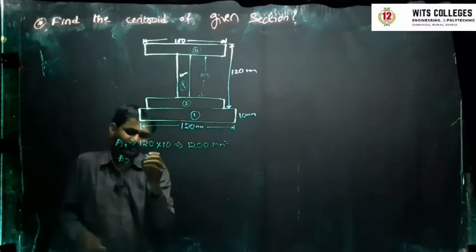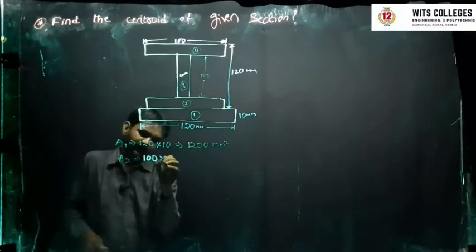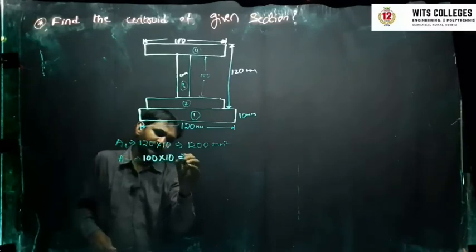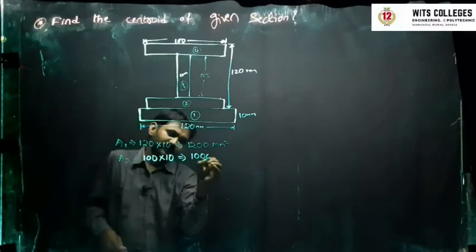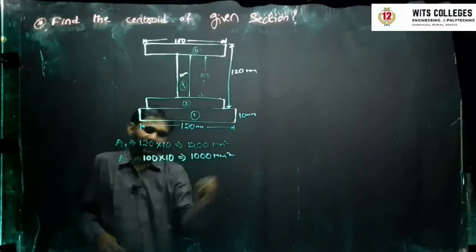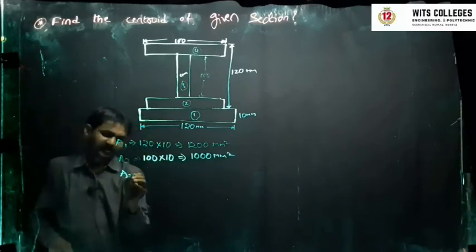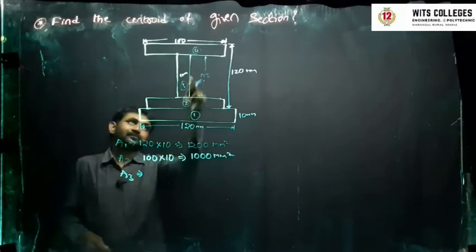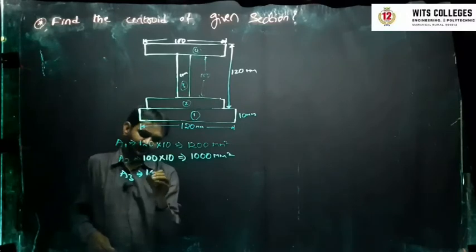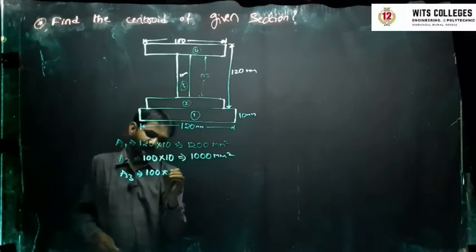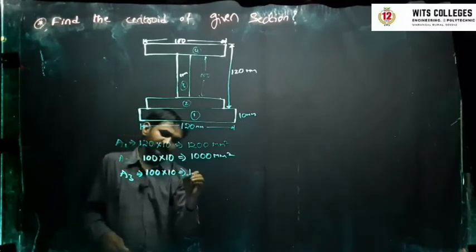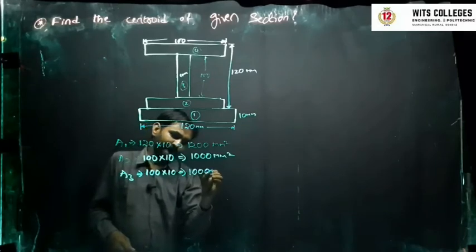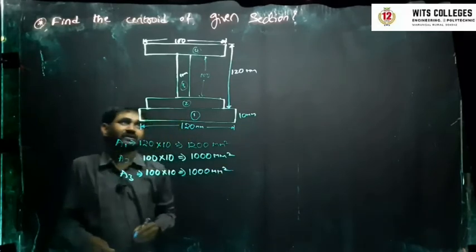So like that we have to calculate. Here A2 is 100 into 10 mm, so this is 1000 mm square. And A3 is the same, 100 into 10, so this is also 1000 mm square.